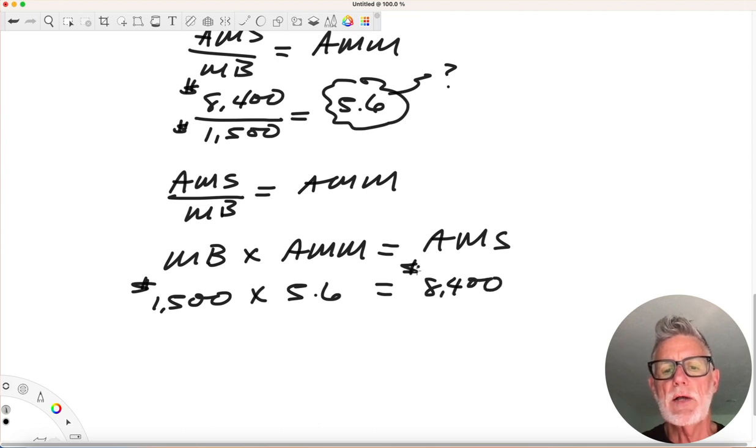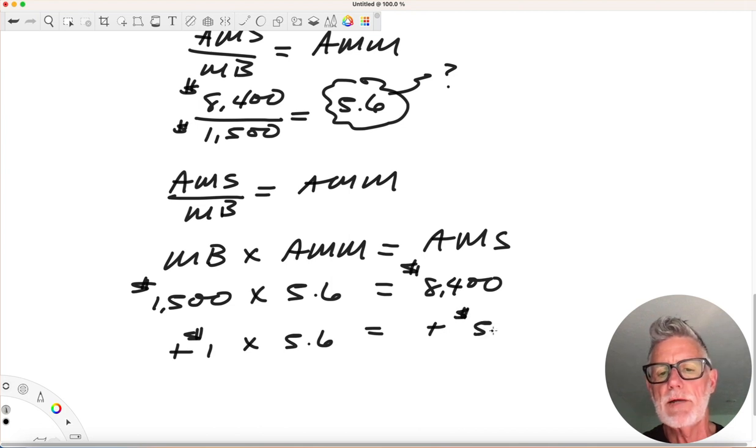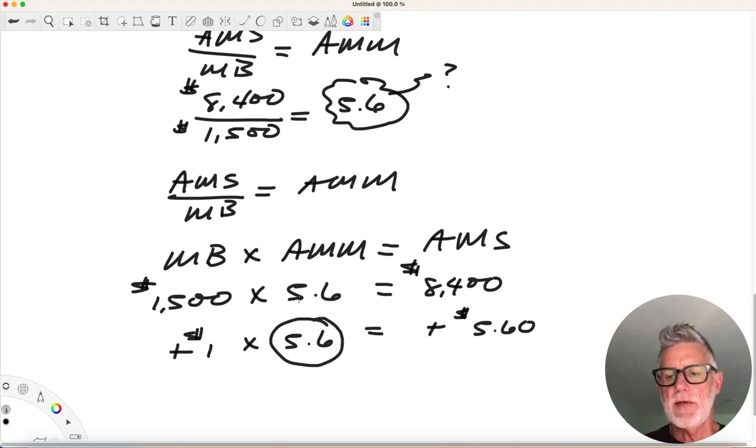So what this tells us is every dollar added to the monetary base is going to add what to the actual money supply? $5.60. So this is actually the size of the multiplier effect. Remember we talked about a deposit going into a bank and that deposit multiplying.